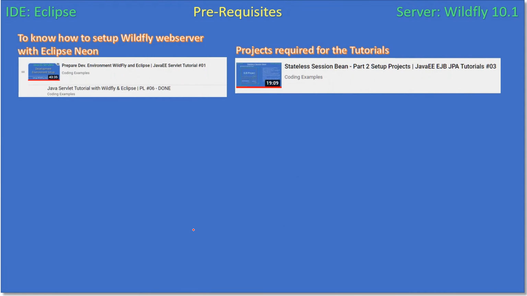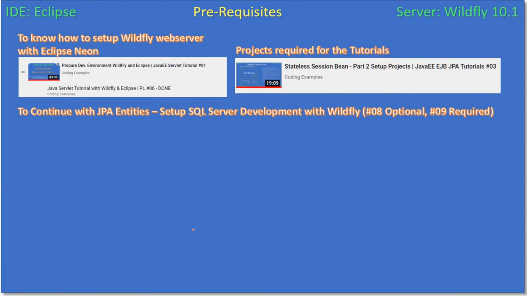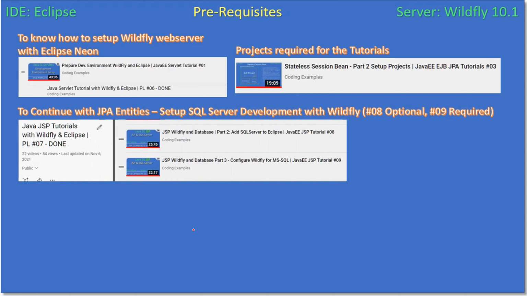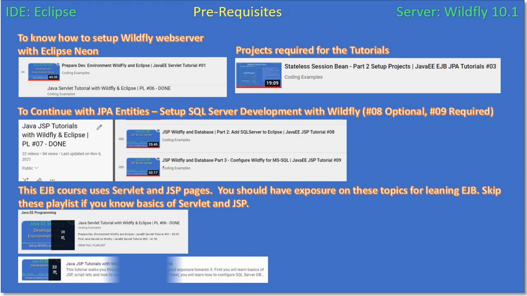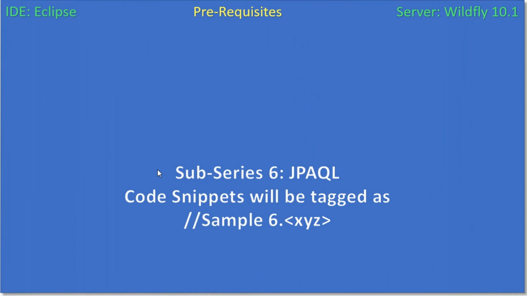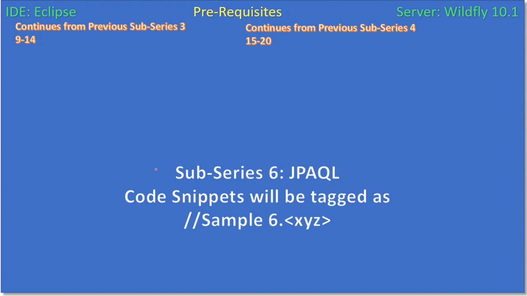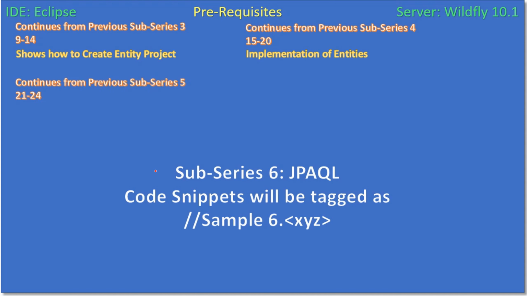As usual, there are prerequisites. So you are watching the subseries part by part. This is subseries 6, and here we are continuing from our subseries 3, 4 and 5.